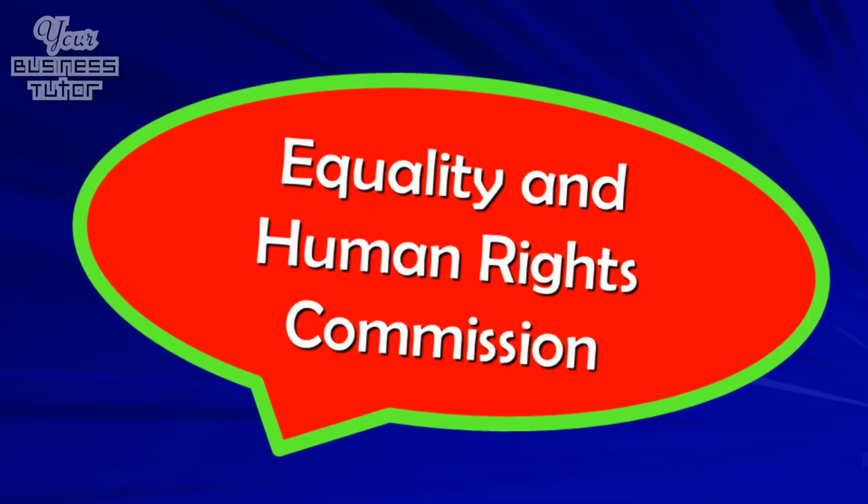Now, as you can see, the Equality Act is incredibly wide-ranging, meaning there is no excuse for behaviour or actions which are discriminatory. Even so, in a small number of cases where an organisation or an individual has been unwilling to change their behaviour, the Equality and Human Rights Commission can investigate and then take court action to enforce that the provisions of the Equality Act are adhered to.